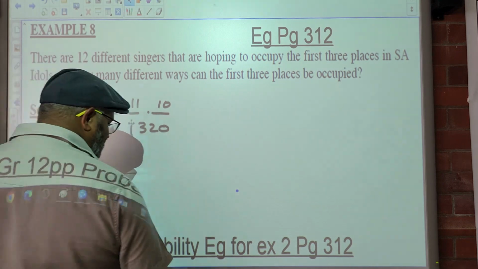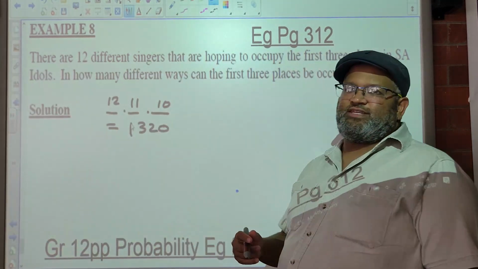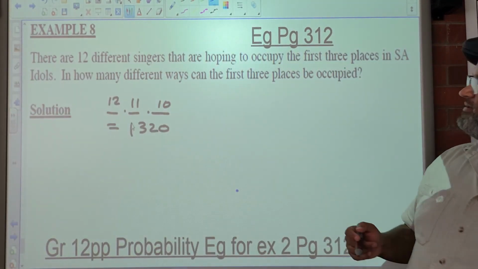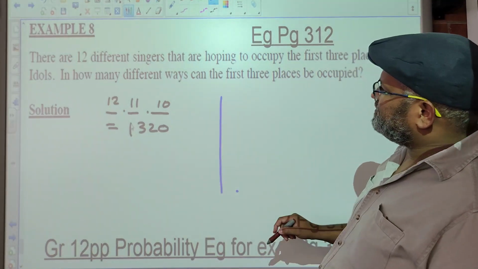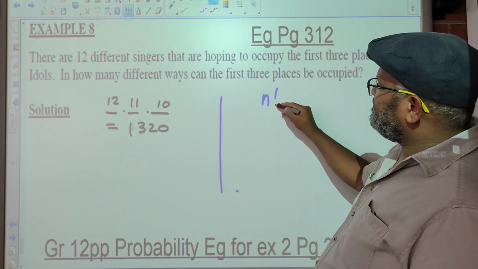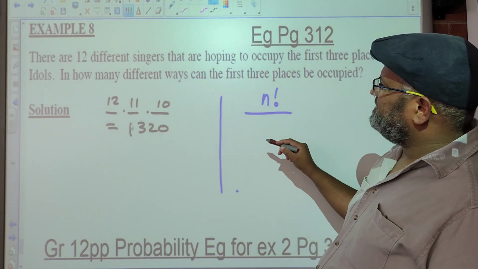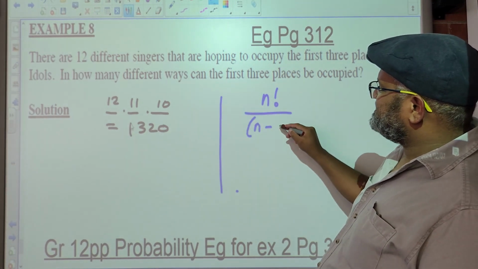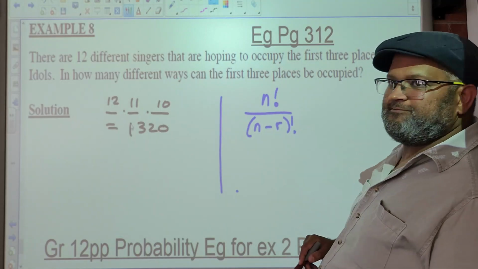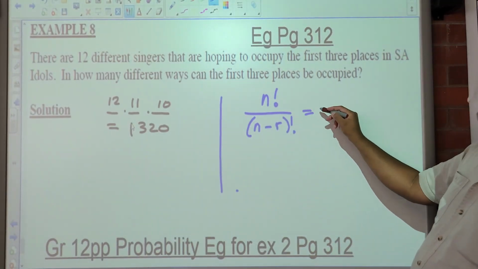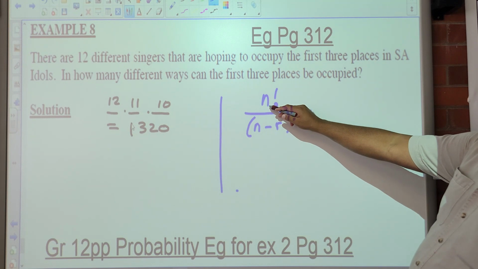1,320. But now you say, okay, how would we apply it if it was factorial? If we want to apply the factorial method, it's going to be n factorial, number of options, over number of options minus the placeholders or the birds. Not so. So what is the number of options you have? 12.